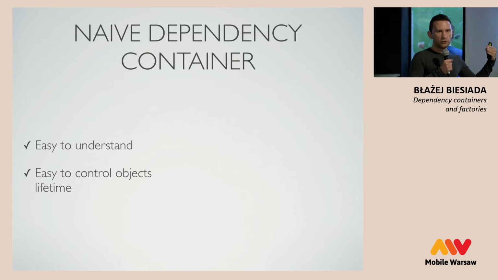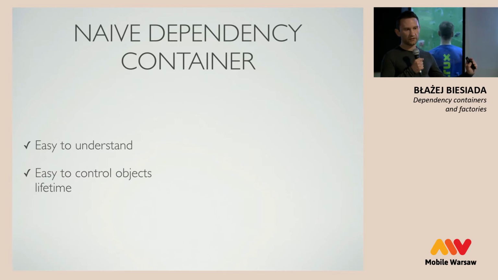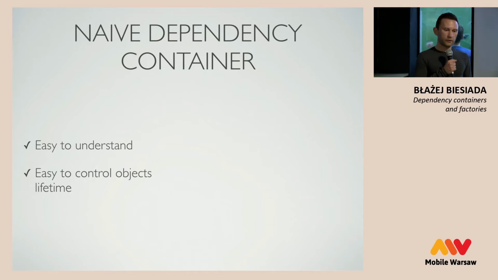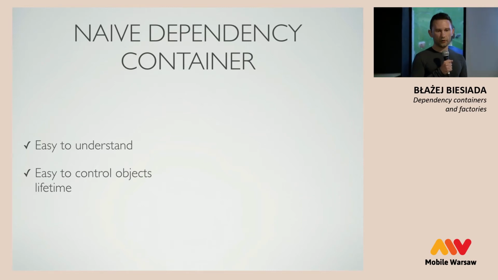So you may always create a new instance of a particular class when it's accessed through this container, or maybe you will always vend the same instance. You may have inside strong or weak dependencies. So controlling lifetime of objects inside that container is pretty easy. So that's a really big pro of this solution.